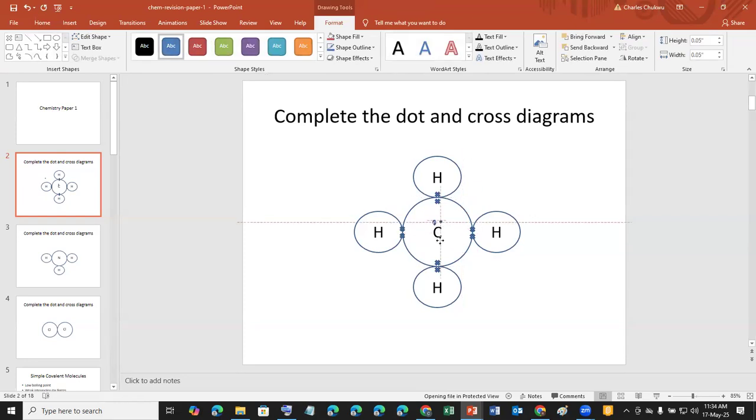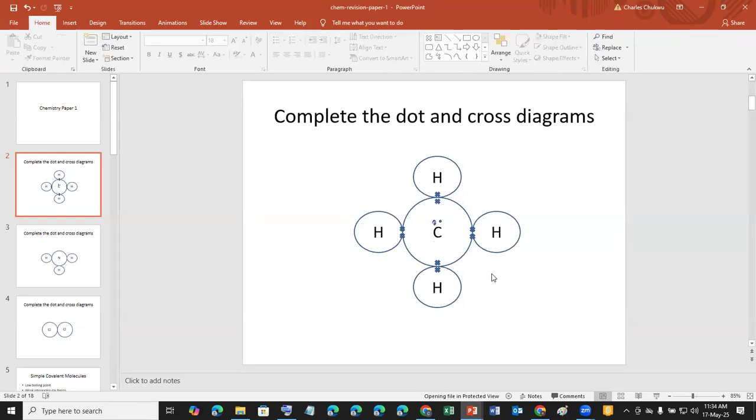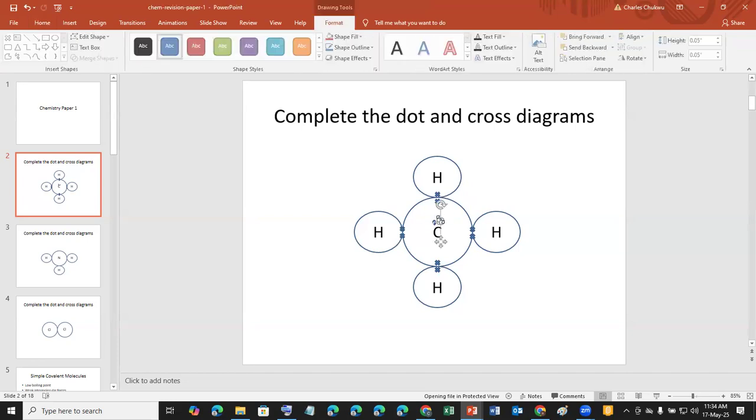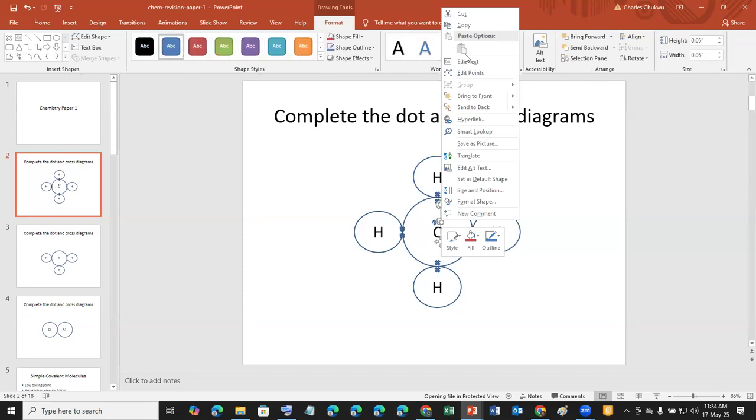Yeah, that looks more like a dot to me. So let me do a copy.